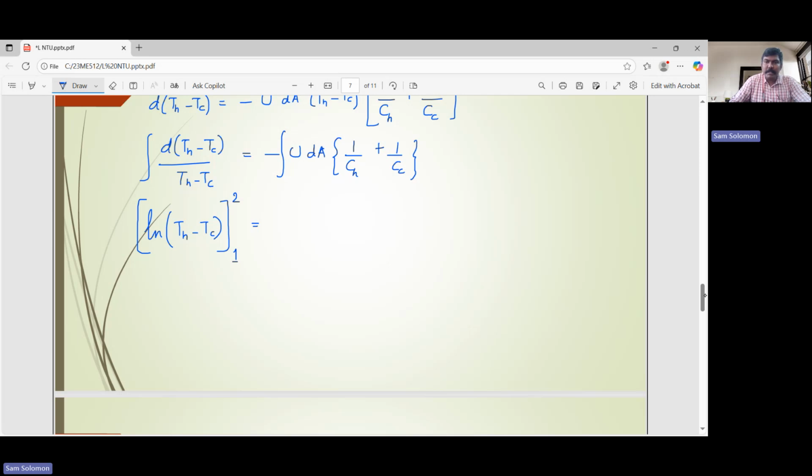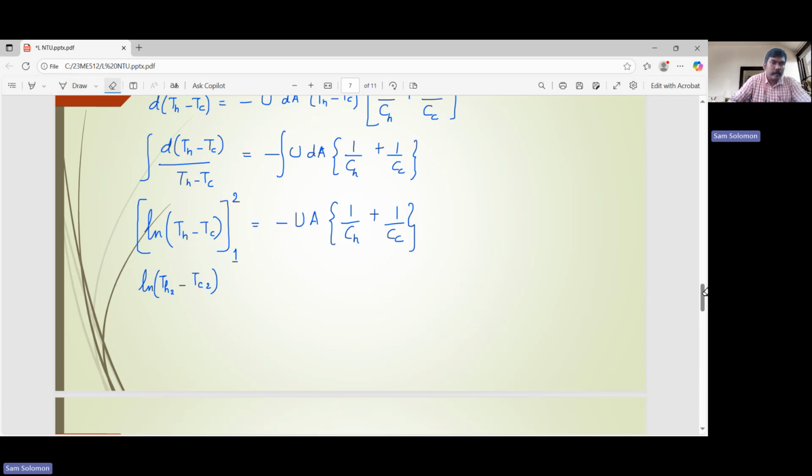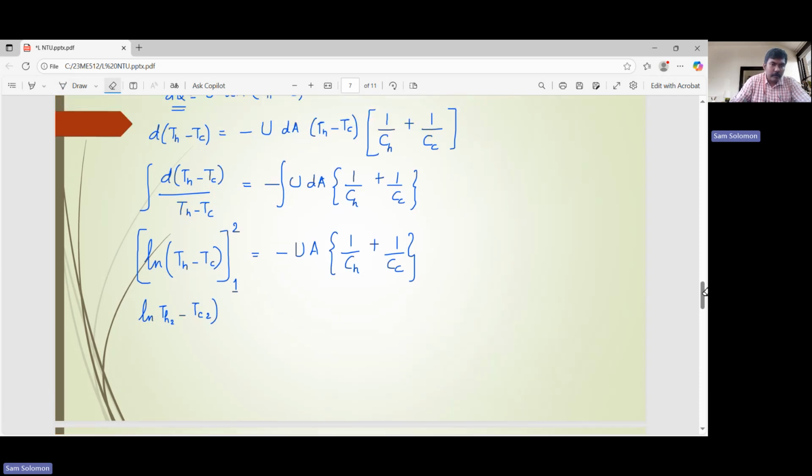And when I integrate dA, we are going to get A. So that is going to be minus UA times (1 by CH plus 1 by CC). And so on the left-hand side, I would get ln of (TH2 minus TC2), or let me put it in this way.